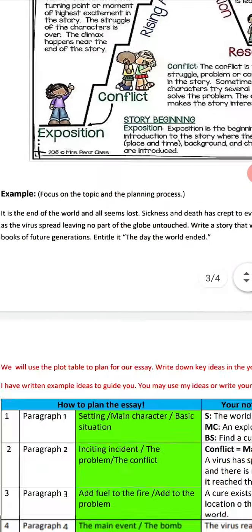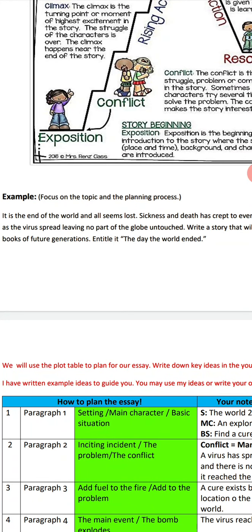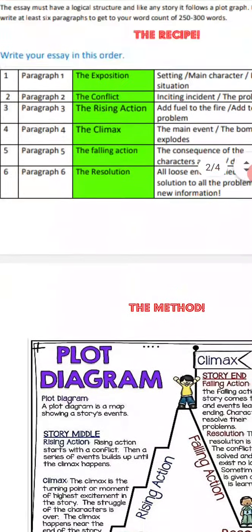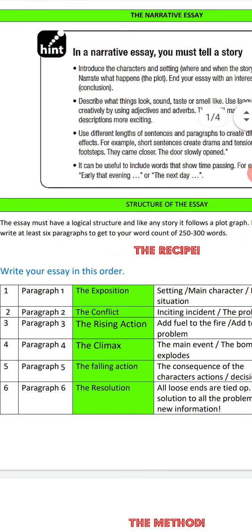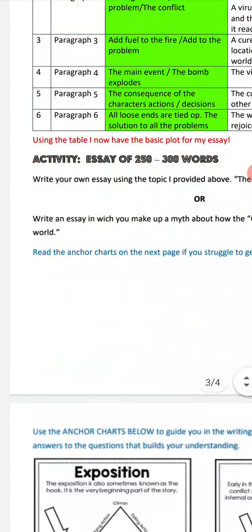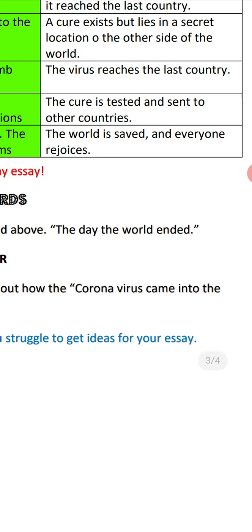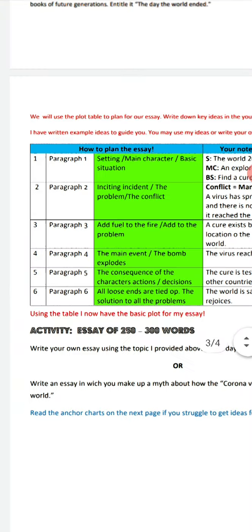Okay, so what is the example? You have to focus on the topic and the planning process. If I move above, yes, here is the topic, the day the world ended. You have to write a narrative on it.